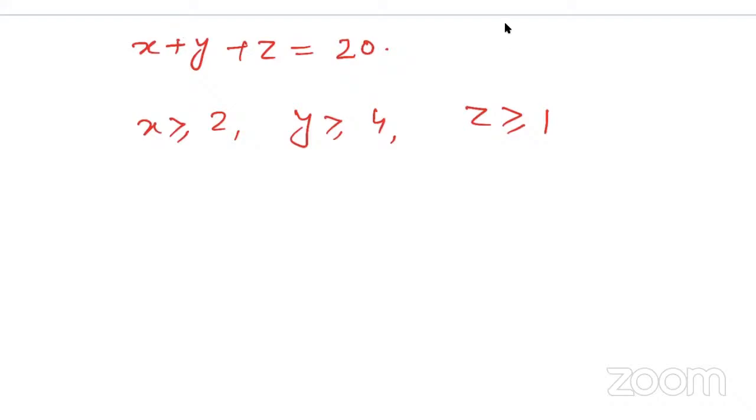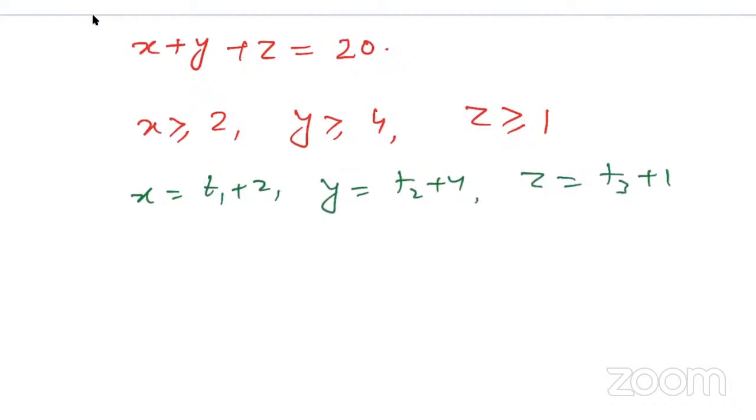So how can we go for this, right? If you see this, 3 cases are given, and in those cases we have to take care how to go for that. So first is x equal to t1 plus 2, y equal to t2 plus 4, z equal to t3 plus 1.